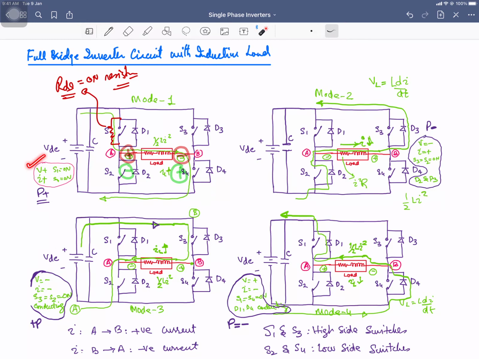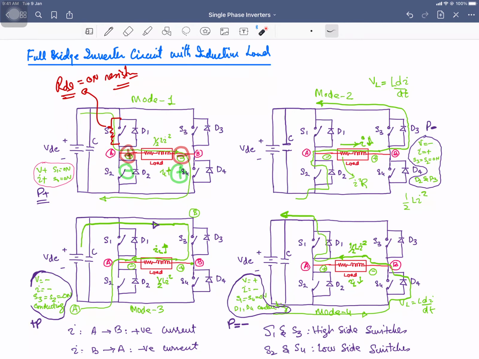And as your voltage is positive, current is positive, so we are going to consider that power is positive, and power positive means it is being delivered from source to the load, right. So this is the source part, and over here through the switches we are connecting the source with the load, and the power is going to flow from source towards the load.